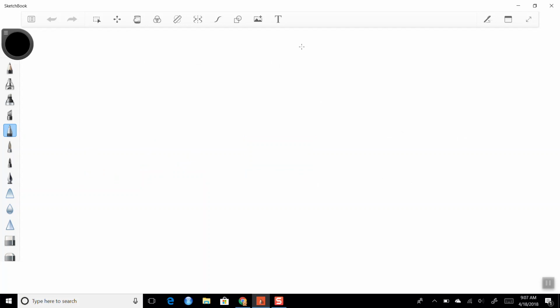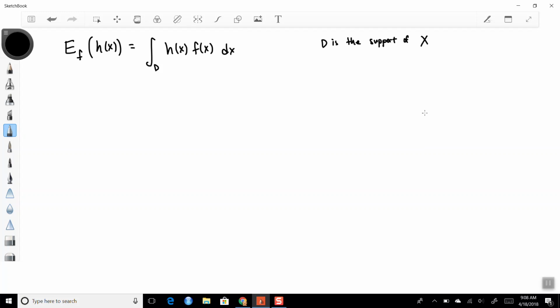Let me just recap: the expected value of some function h of x is equal to the integral of that function h of x times f of x dx over the space D, where D is the support of x, meaning x is a random variable defined by the PDF f.